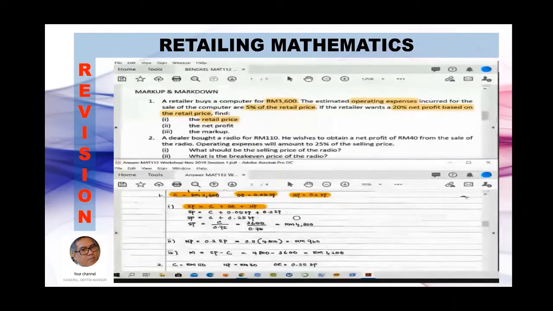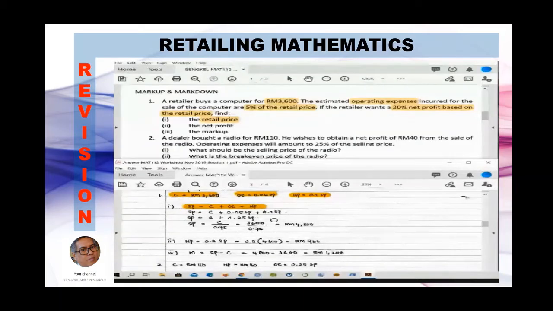That is the general form, but it can be extended to include the net profit dan juga operating expenses. Sebab kita tahu bahawa the gross profit is equal to operating expenses plus the net profit, OE plus NP. And GP adalah sama juga dengan M, markup.